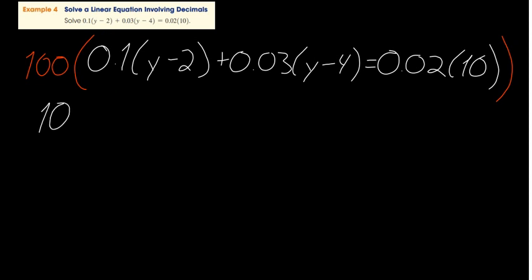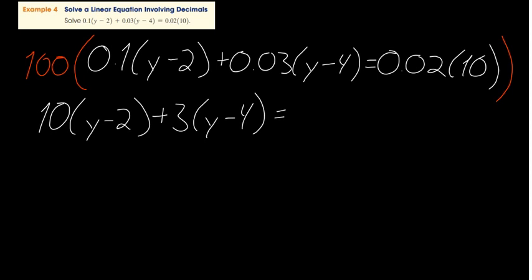So anyways, we have a 10, then we have a y minus 2, and then plus 3 times a y minus 4, and then a 2 times a 10. Then same as the last problem, we have now reduced this down to problems like examples 1 and 2.